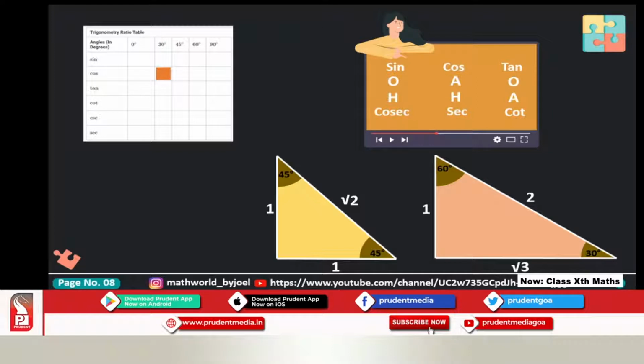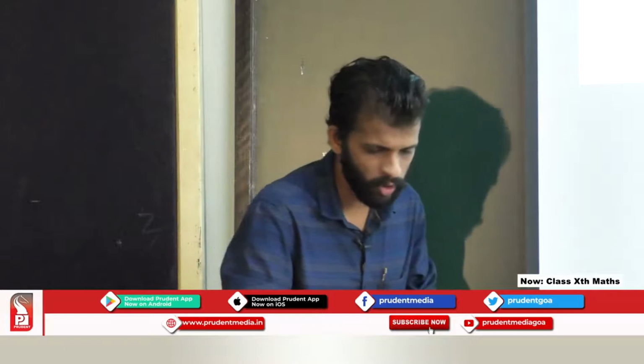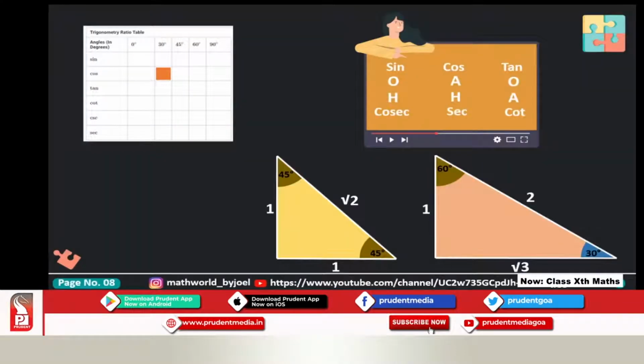From where I'm looking at it, I'm looking from angle 30. So look at that triangle where 30 is marked. So cos 30 will be adjacent, that is root 3, and hypotenuse, which is 2. So the value becomes root 3 upon 2.